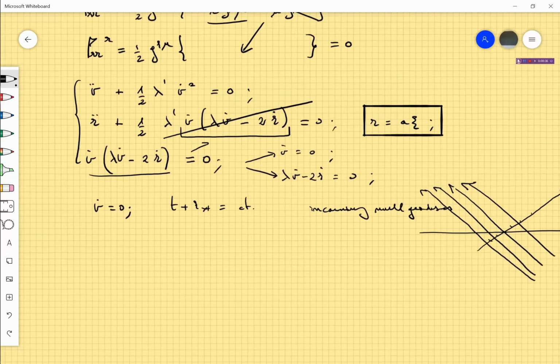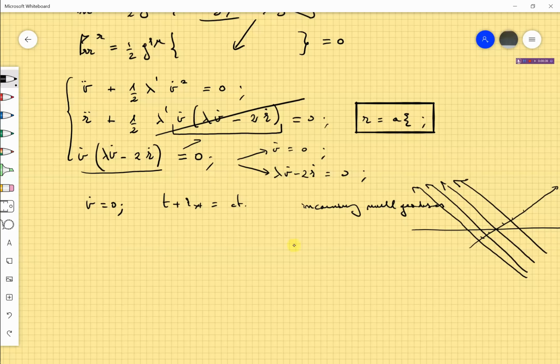This is the idea. Now the other solution. Let me also mention that for v dot equal to 0, this solution, which is the one we haven't considered yet, is automatically solved. The other solution of the null shell condition is lambda v dot minus 2 r dot equal to 0. Let me put this in the form v dot minus 2 r dot divided by lambda equal to 0.